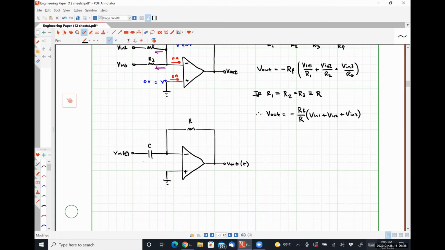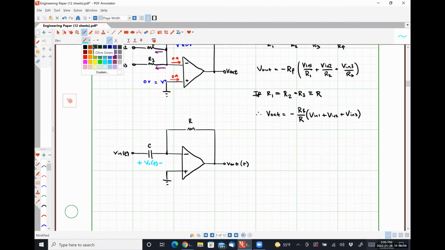I'm going to call this voltage Vc of t. Actually, I'm going to use a different color because I've been using blue for that. So let's do this guy.